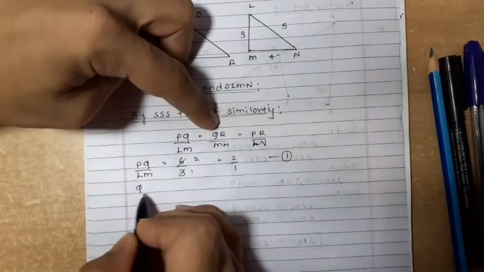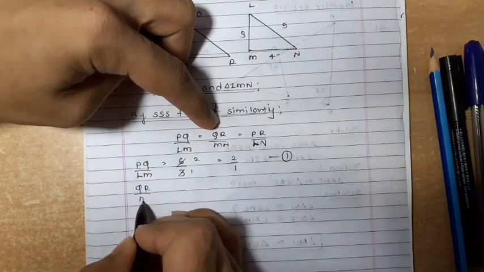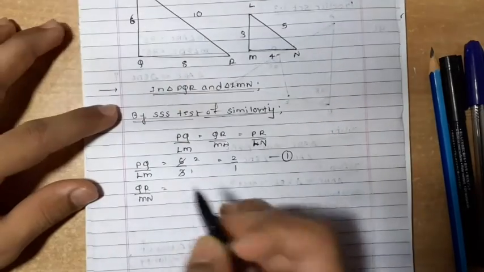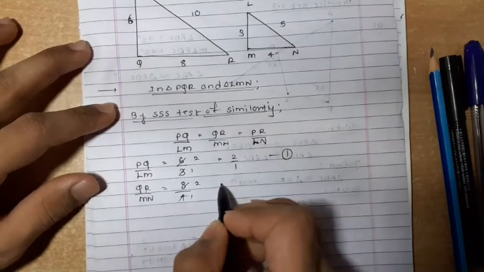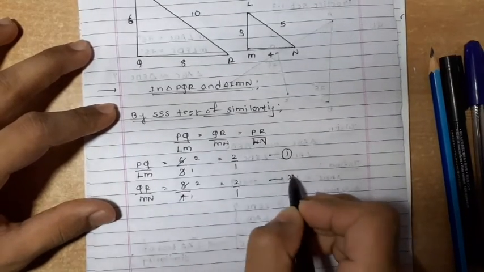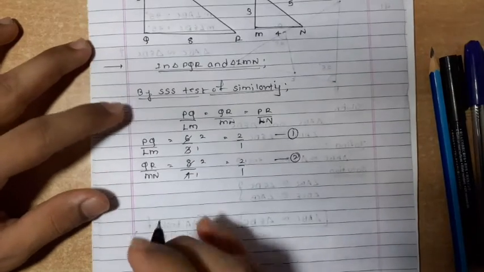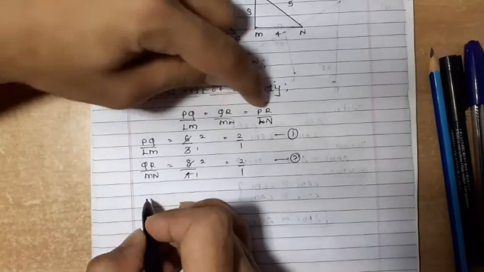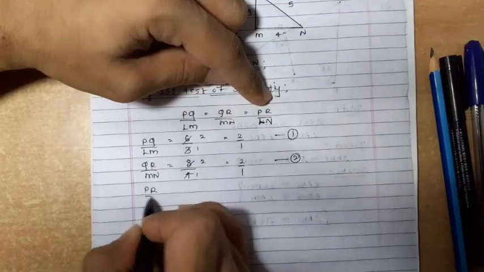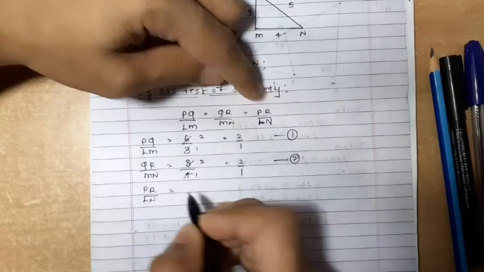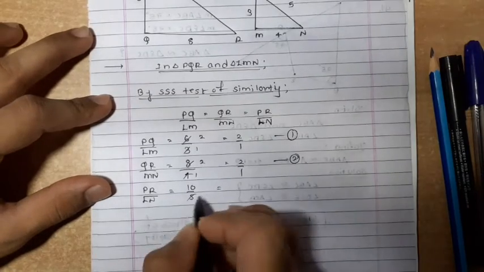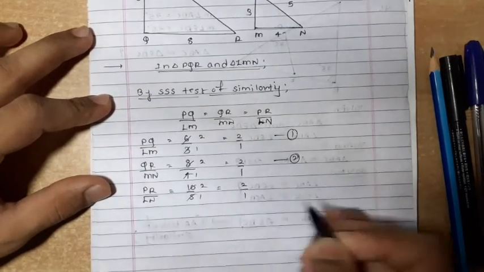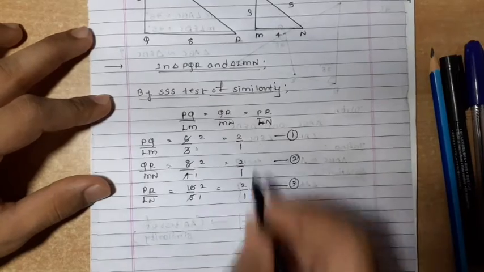Let's find QR upon MN. We get 8 upon 4. That is 4 1s are 4, 4 2s are 8. That is equal to 2 upon 1. We are getting the same ratios, and finding the last part, PR upon LN, that is 10 upon 5. 5 1s are 5, 5 2s are 10. We got all the three as equal.